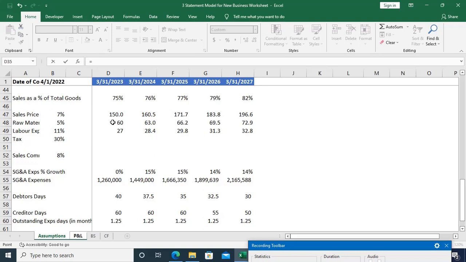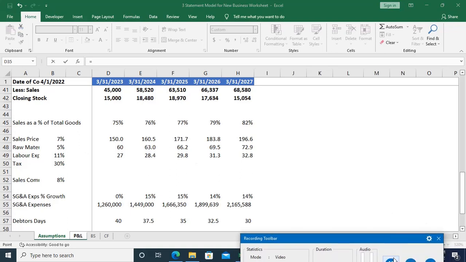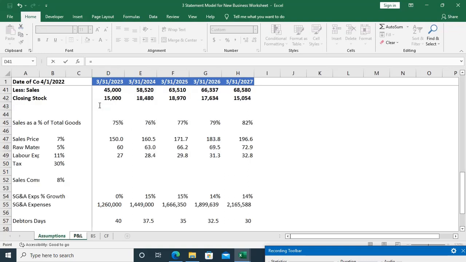So tell me one thing, what raw material should be a part of it? Is it the entire amount, or the amount of sales we made? It's the selling part, right? So for the raw material part, what we are going to do is consider this. We can do it equal to Control Page Up.